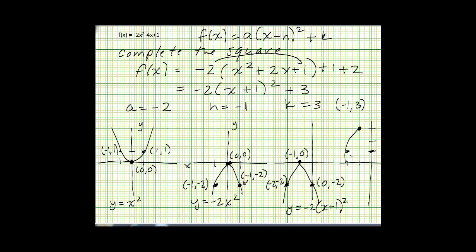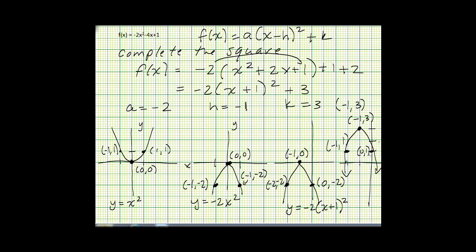And I can disconnect those. And I find that this point is negative 1, 3. This point here is negative 2, positive 1. And here, our last point is 0, 1.